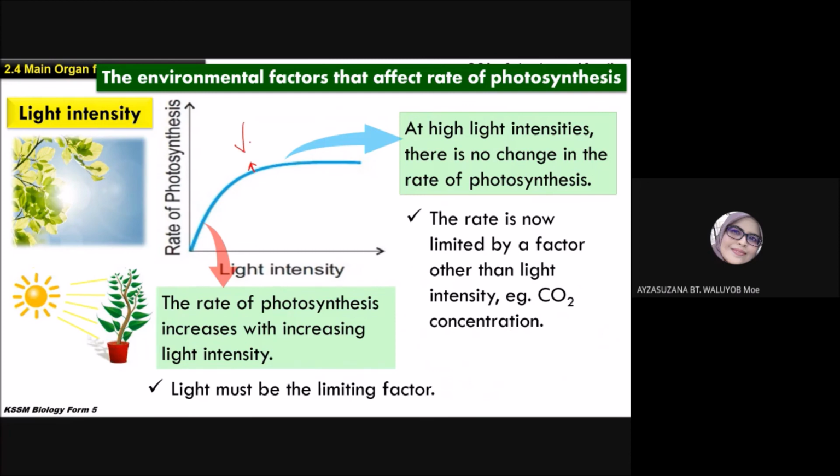So, banyak sangat cahaya matahari. Sepatutnya semakin tinggi light intensity, semakin tinggi fotosintesis tu. Tetapi pada masa ini, carbon dioxide dah reduce. The concentration of carbon dioxide reduced. So, without carbon dioxide, photosynthesis cannot carry on. So we say this carbon dioxide is the limiting factor.